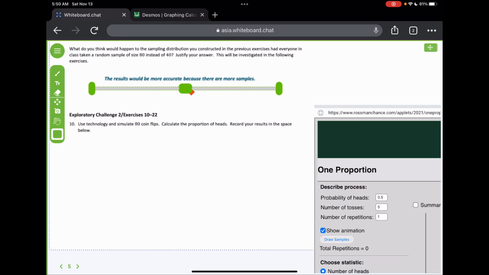That should represent the population if we randomly chose them. But if we take a sample of 80, we're only leaving out 20 students, right? And so that should be even closer to the actual population proportion, because you only left out 20 data points. So you're getting more accurate to the population proportion.